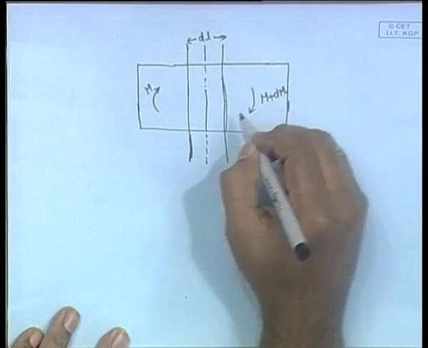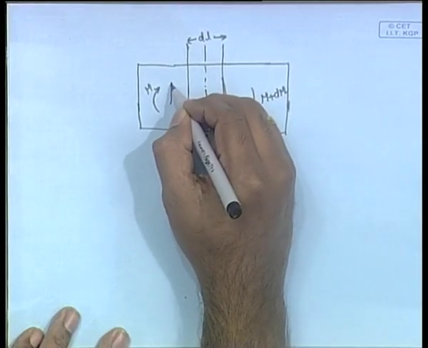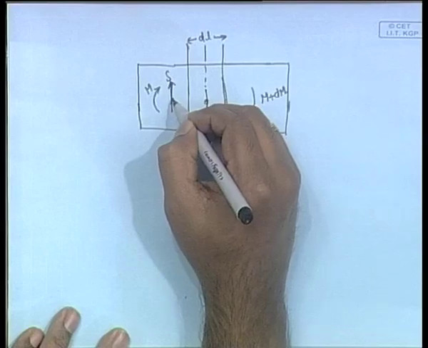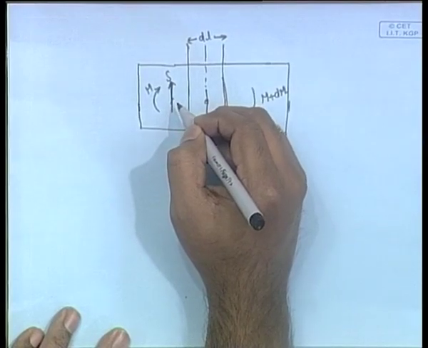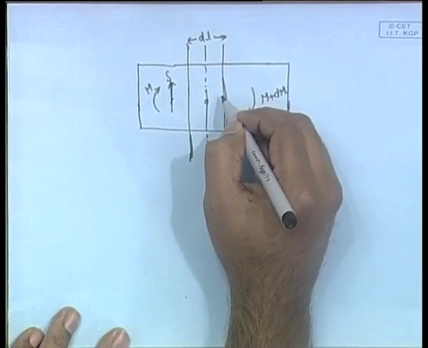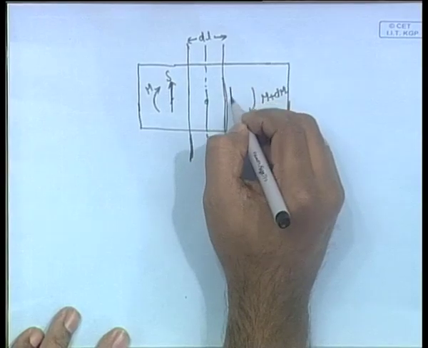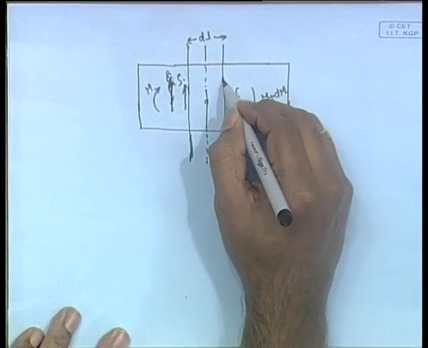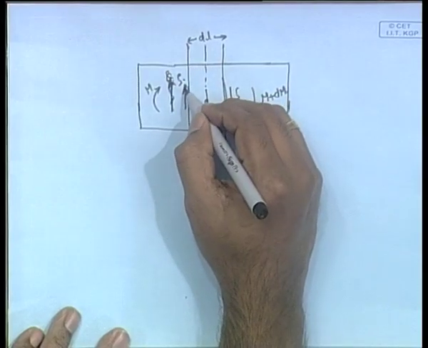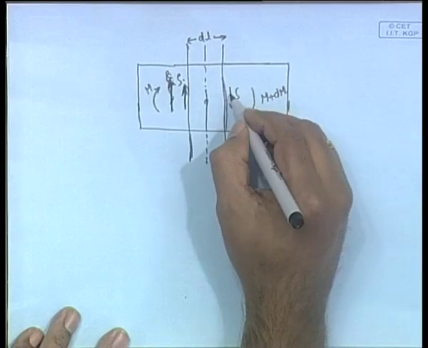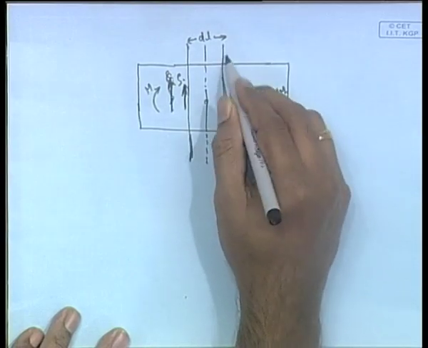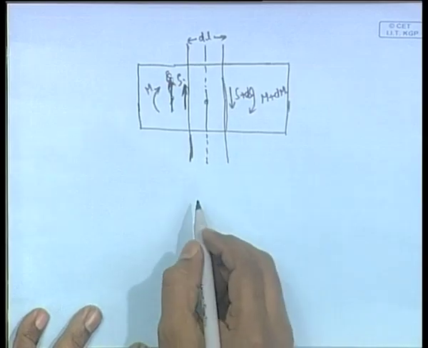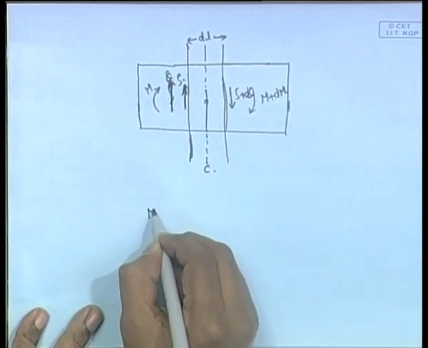Suppose we are taking moments about this point C. At this end the shear force is s, and at a distance dl from this it is s plus ds, in this direction.